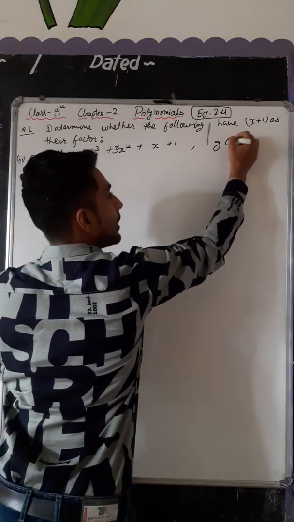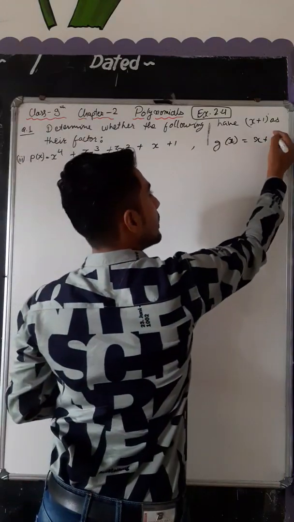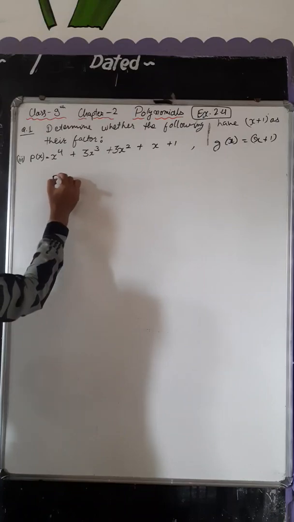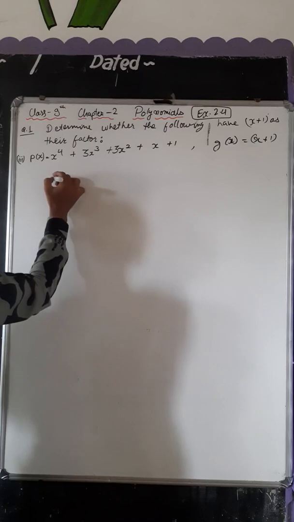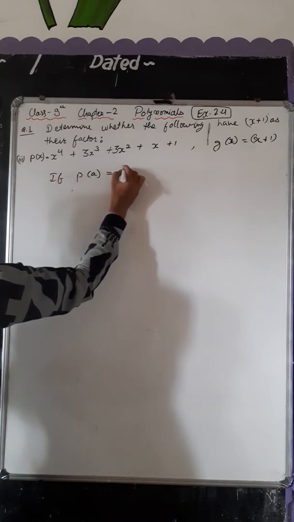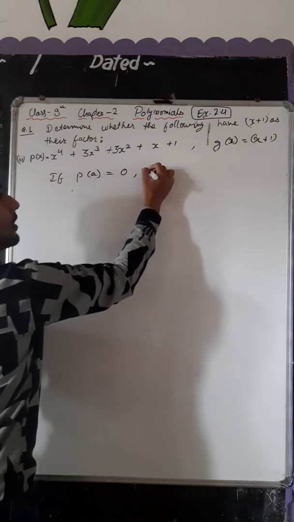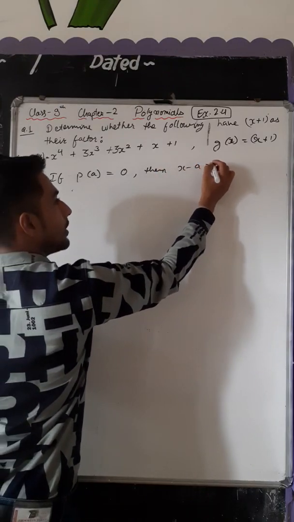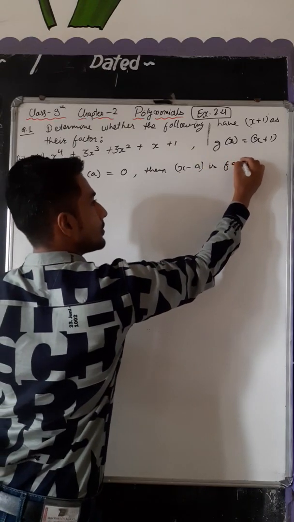तो मैं लिख दूं, let's write x plus 1 is gx. x plus 1 क्या है? gx है. ठीक है. What is factor theorem? Factor theorem क्या होती है कि अगर आपका रिमाइंडर if p a equals to 0, then x minus a is factor.